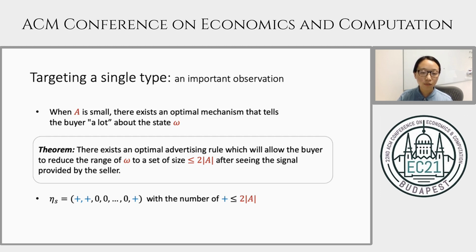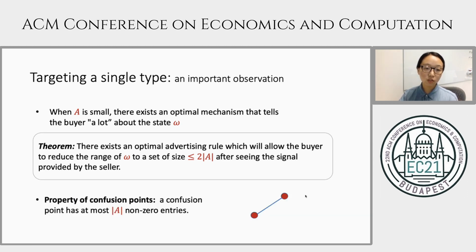Formally, we can prove that there exists an optimal advertising rule which allows the buyer to reduce the range of omega to a relatively small set. And the size of this set is no more than the number of options times 2. This means that if we look at the buyer's posterior after observing the signal sent by the seller, it will only be non-zero at a few positions, the number of which is bounded by 2 times the number of actions.